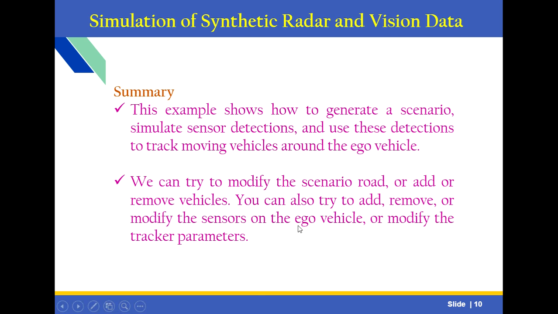You can add or remove sensors, or modify the tracker parameters, by using this Matlab algorithm. This is an example of synthetic radar and vision data processing using the Automated Driving System Toolbox in Matlab. Thank you.